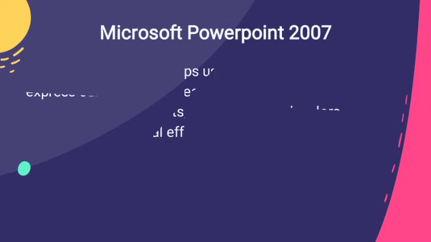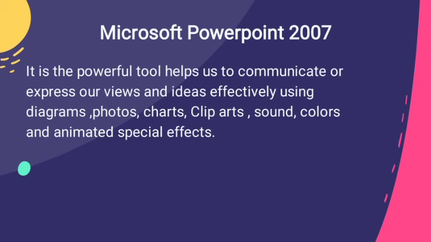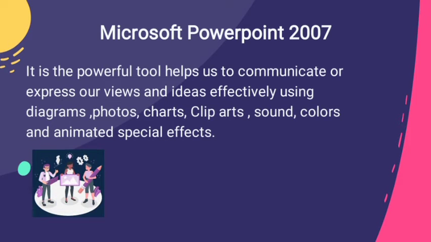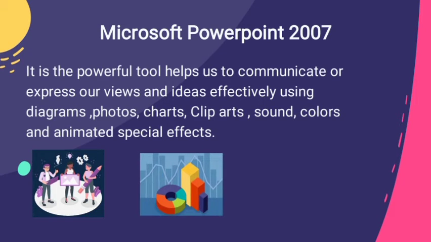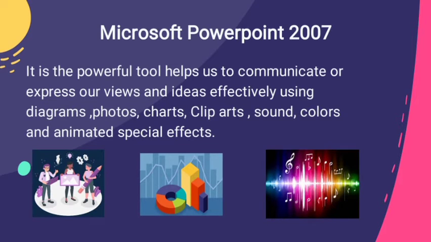Microsoft PowerPoint 2007 helps us to communicate or express our views and ideas effectively using diagrams and photos, charts and clip arts, sound, color and animated special effects. So it's a powerful tool. The combination of all these things makes our presentation very attractive and interactive.